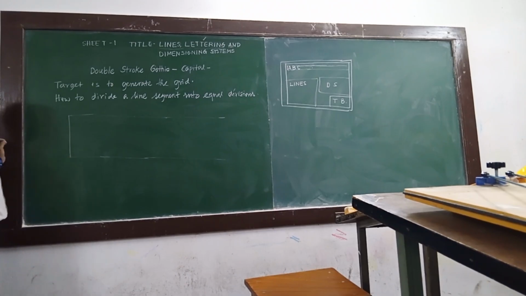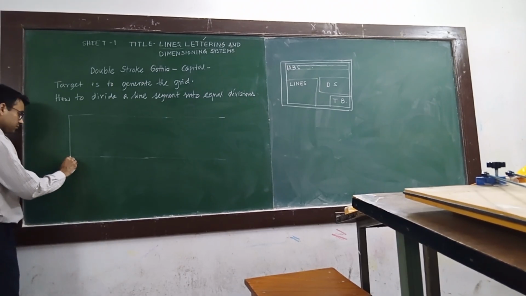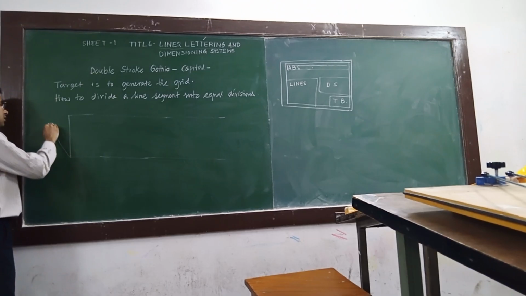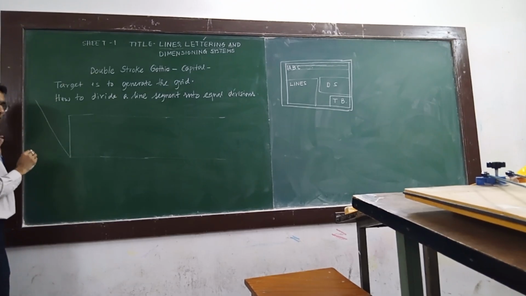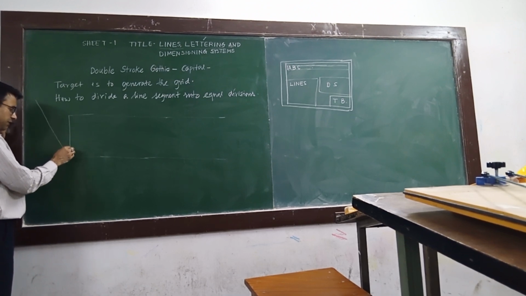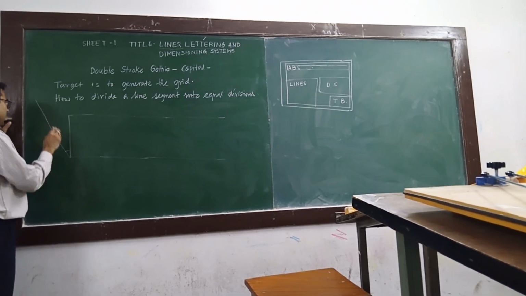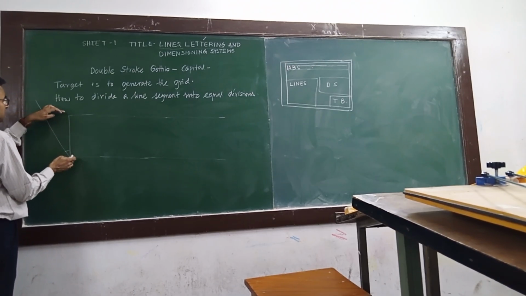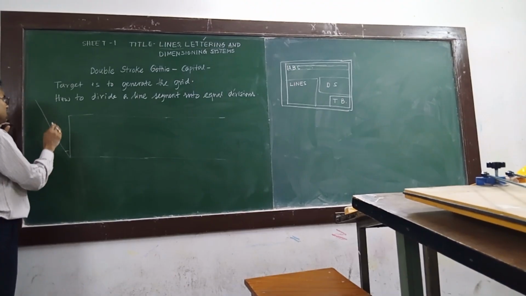Clear? So to divide this 30 mm, how? What should I do? I will draw a line like this, having an arbitrary angle between this and this. Most preferably they should have an acute angle in between, and this should be a little larger than that. Now what will I do?